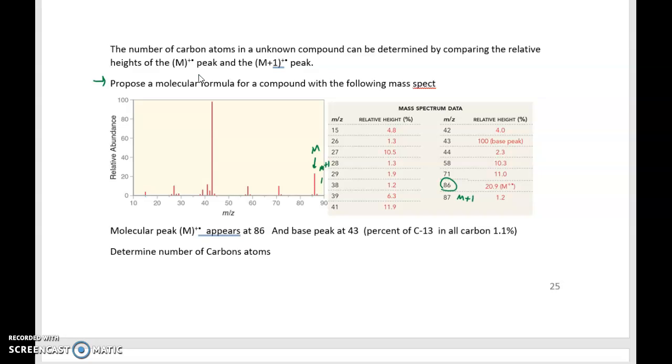We need to figure out the ratio of M+1 to M. And we'll do that by taking the 1.2, this is the M+1 peak, and dividing it by the M peak. And that'll give us the relationship of them to each other. This is going to be times 100. Let's make it a percentage.